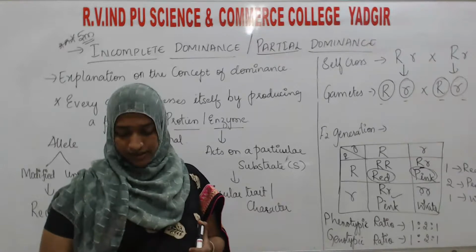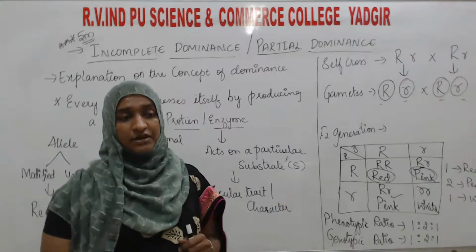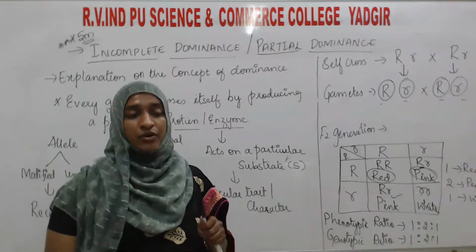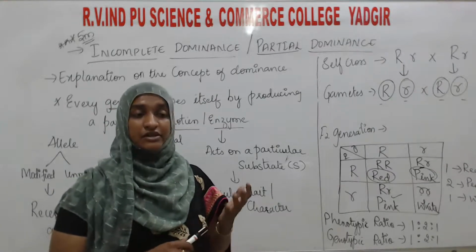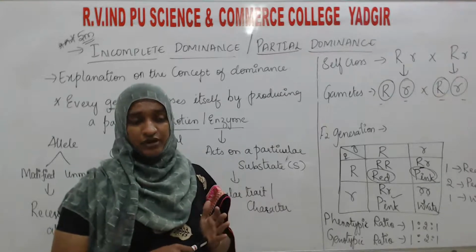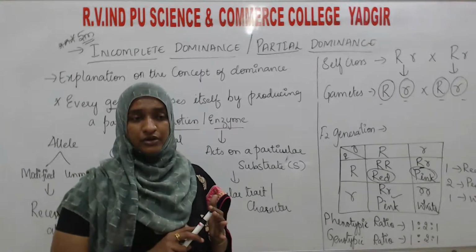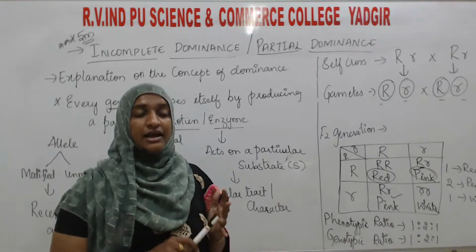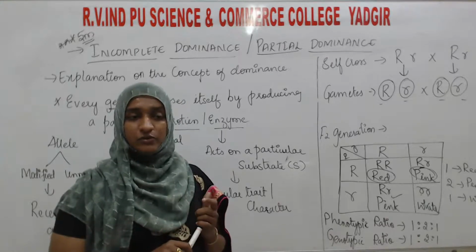What is codominance? Here they have taken one example, the blood group of human beings. As you basically know, there are four types of blood groups: A, B, AB and O. Certain antigens and antibodies are responsible for these four types of blood groups.